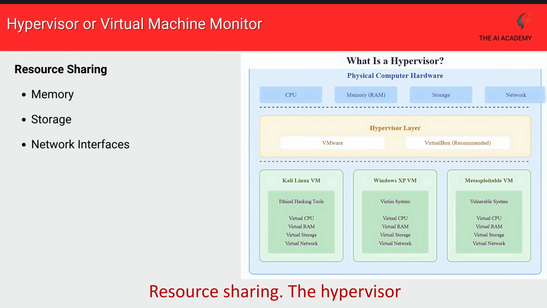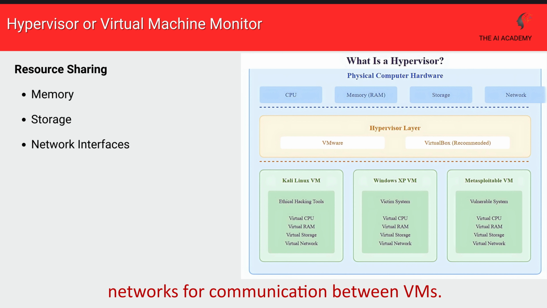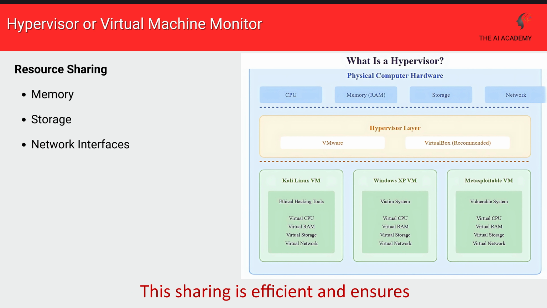Resource sharing. The hypervisor allocates resources such as memory, distributing available RAM among VMs. Storage, lets you create virtual hard drives. Network interfaces, sets up virtual networks for communication between VMs. This sharing is efficient and ensures your host machine remains unaffected.